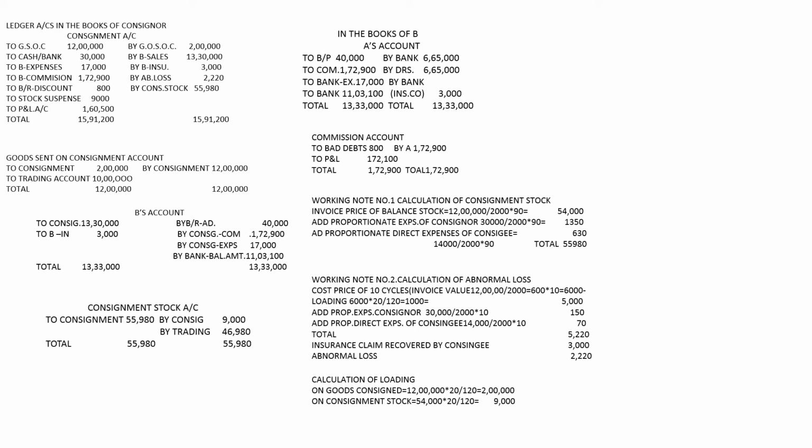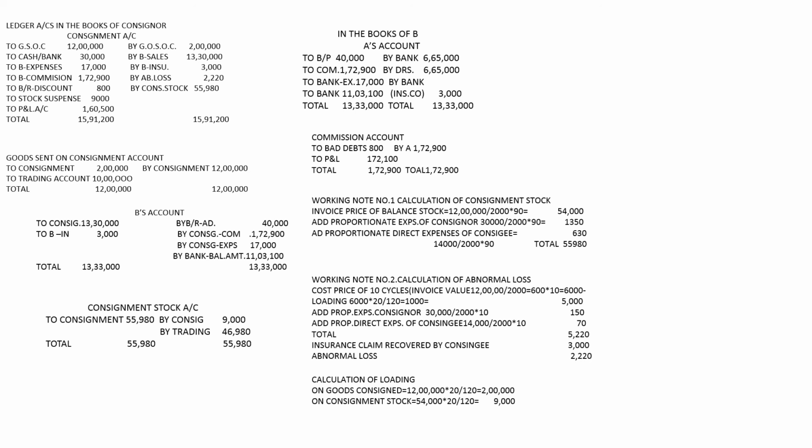Here we will put on the credit side by bank 6,65,000, by debtors 6,65,000, because in the books of consignee, bank account debit, debtors account debit to A. He has received 3,000 from the insurance company, by bank 3,000. He has accepted a bill for 40,000, by BP accepted.